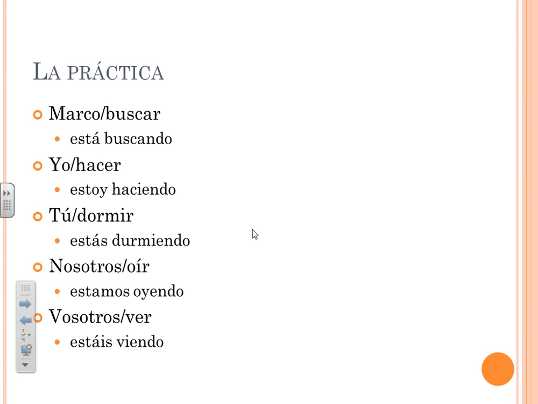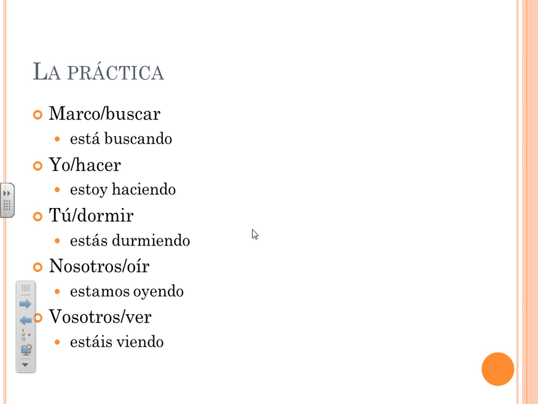All right, here we go. Estar buscando. Está buscando. We have estar conjugated in the he, she form because Marco is our subject. Buscando because buscar is an AR verb. Estoy haciendo. Again, estar in the yo form because I'm the one doing the action. Tú, en dormir, estás durmiendo.